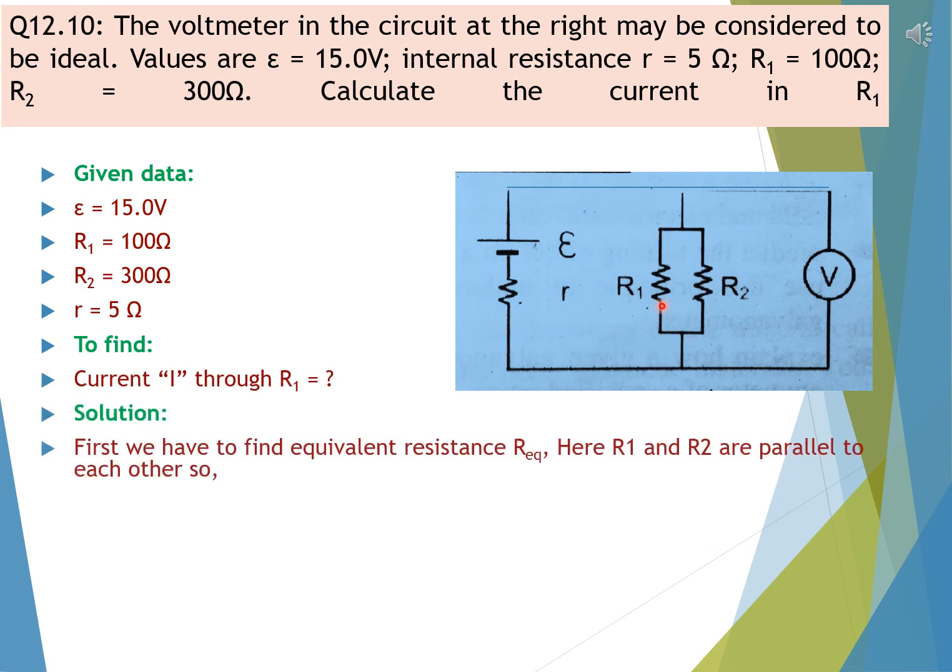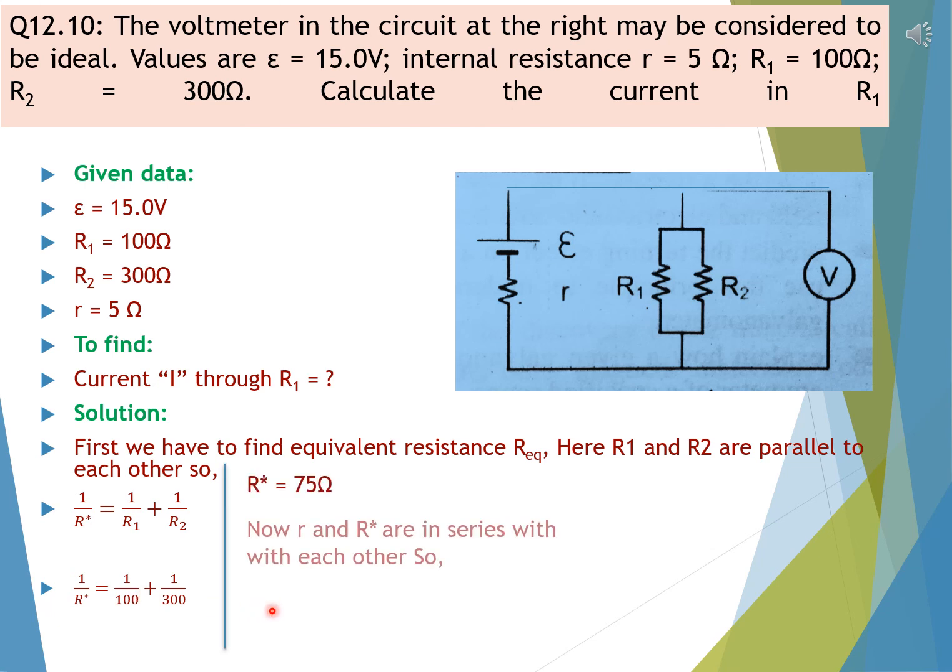Solution. First we have to find the equivalent resistance R equivalent. Here R1 and R2 are parallel to each other, so we can use the formula 1 divided by R star is equal to 1 divided by R1 plus 1 divided by R2. By putting the values of R1 and R2 and solving, we get R star is equal to 75 ohm.